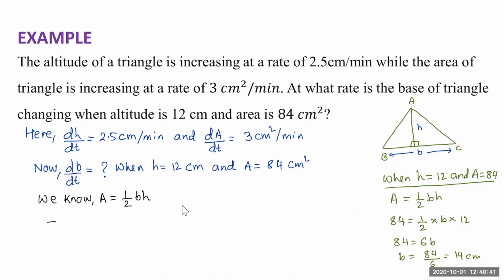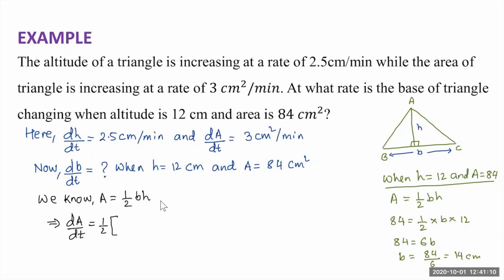Now, if I differentiate this with respect to time on both sides, it will be dA over dt, the derivative of area with respect to time, is equal to half, which is a constant multiple, so it remains in front. And then you're calculating the derivative of the product, base times height.